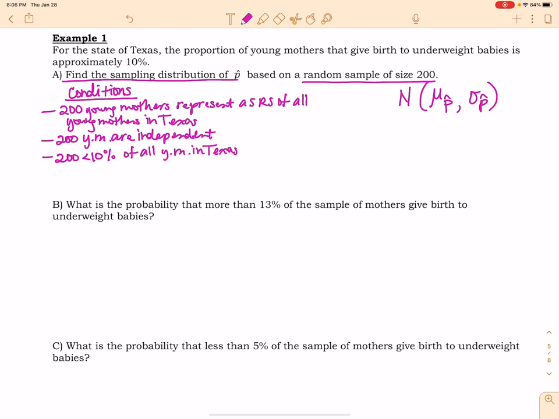Now, this is something we're kind of just making the assumption about. Since we don't know how many there are, it might actually be better for us to say something like, it's reasonable to assume 200 is less than 10% of all young mothers in Texas.